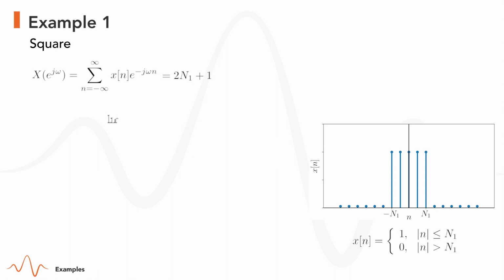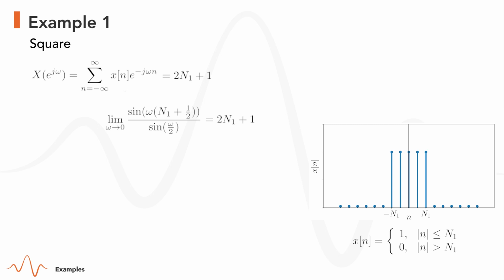As a final note, if we compute the limit as omega converges to 0 of the general expression we obtained for the other values of omega, we obtain the same value, 2 times capital N1 plus 1. This is often why you will see that the discrete time Fourier transform of a rectangular wave is simply written as sine of omega times (capital N1 plus 1 over 2) over sine of omega over 2.